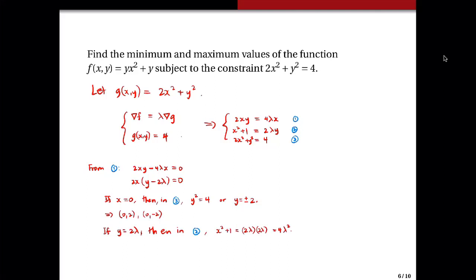Or we will have x squared equals 4 lambda squared minus 1.